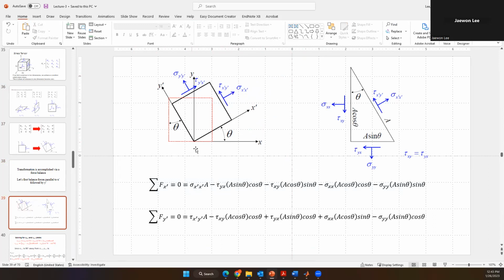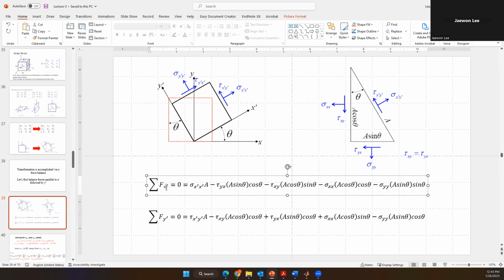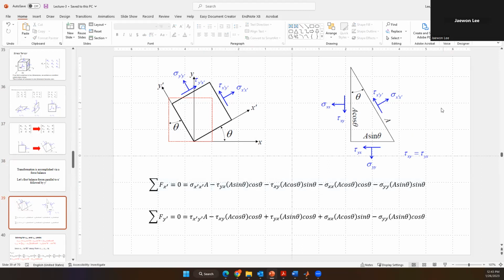So in this direction, sigma xx, and the area, is related to the Fx direction, right? The x direction is equal to the forces in this direction, the initial xy direction forces. So tau yx is described like that.